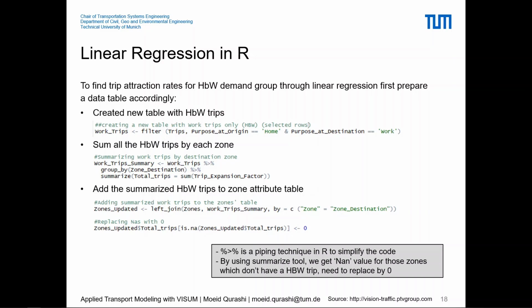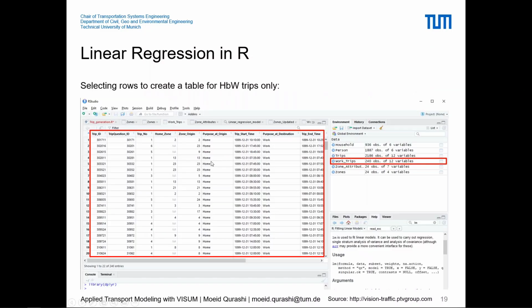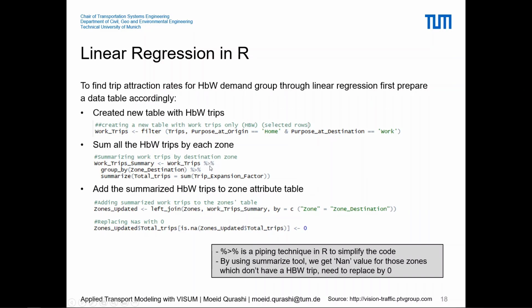Also, it's important to note that the percent greater-than percent sign is used for a piping technique in R. This way you can write multiple different manipulation commands and it will run them all at once.